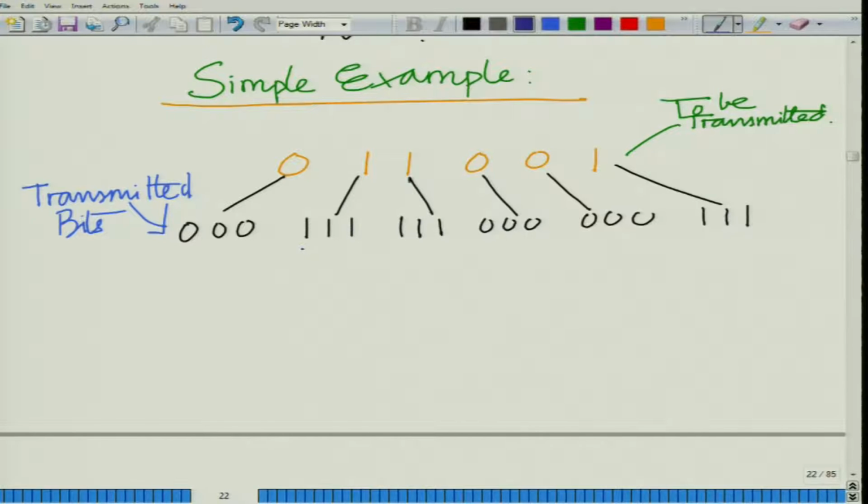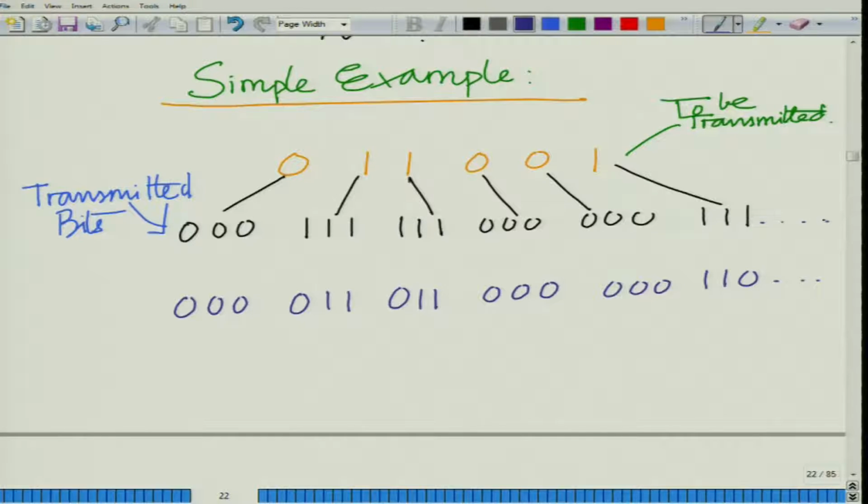For instance, the first bits are 0 0 0, then 1 1 1, where the first bit 1 flips to 0, and the rest are intact, 0 1 1. The next also, let us say this bit flips, 0 1 1. Let us say the next are received correctly, 0 0 0, and the last one flips to a 0, and so on.